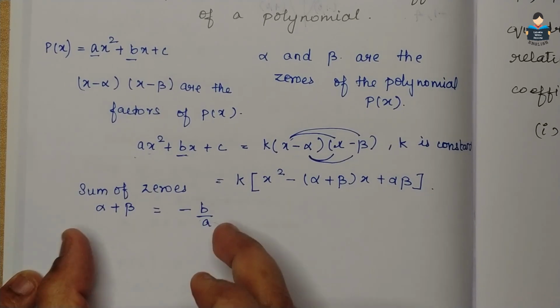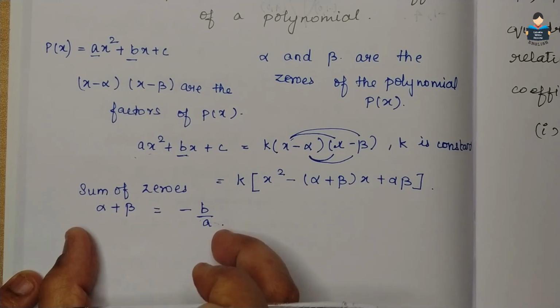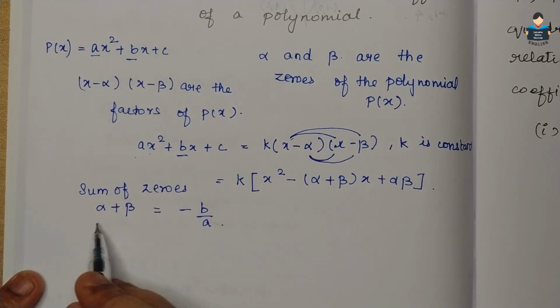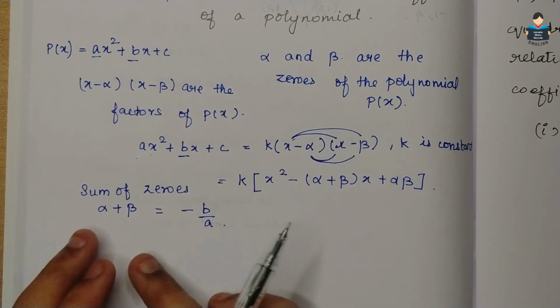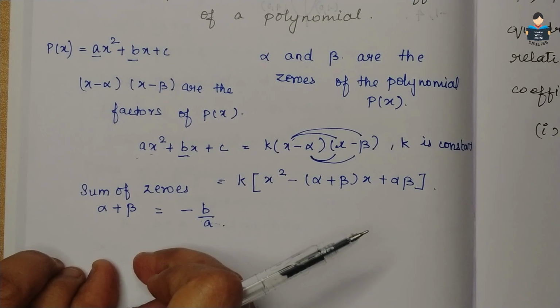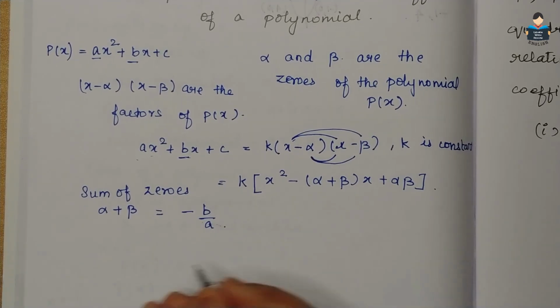We have to use this relationship and verify that the sum of the zeros and the coefficients are equal, that is, the left hand side and the right hand side are equal.